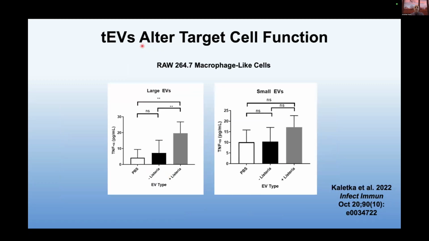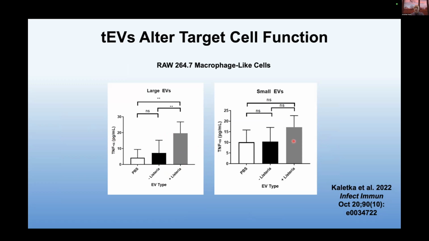Okay, we take these EVs and we use them to treat macrophage cells to see if they alter the responses of these macrophages, and indeed they do. So here are RAW 264 macrophages, mouse macrophages. You treat them with the EVs from the uninfected and the infected, and you see an increase in tumor necrosis factor, TNF.